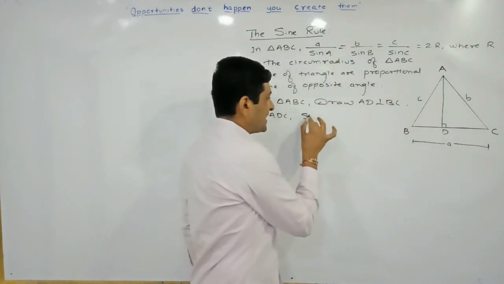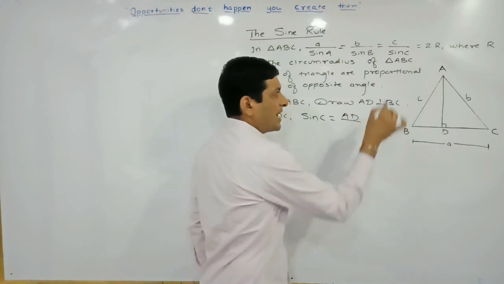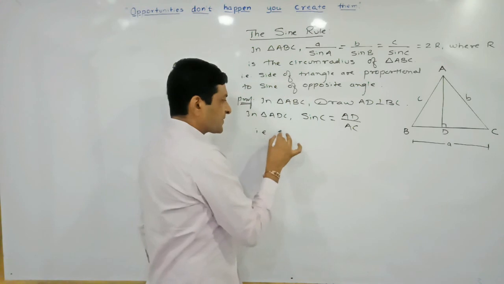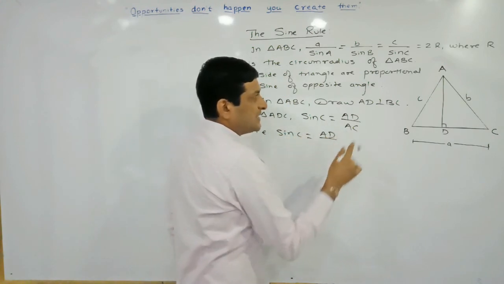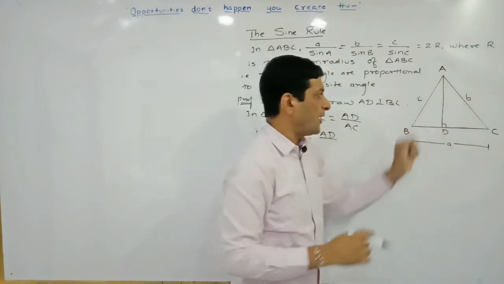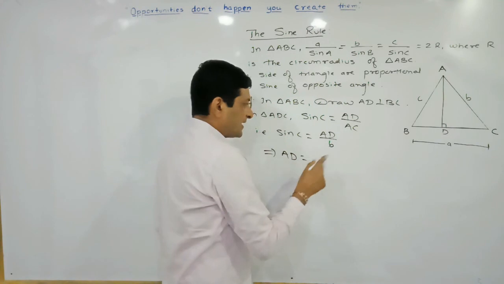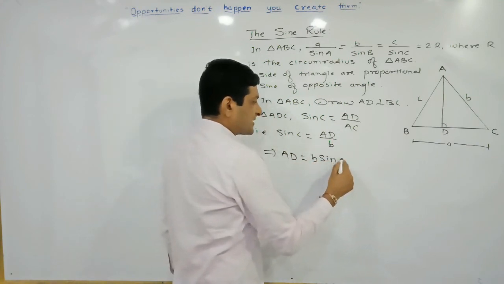Here sin C is equal to opposite, that is AD, upon hypotenuse, that is AC. Keep AD as it is, but AC can be replaced by small b. So AD will be equal to, taking b to this side, b sin C.